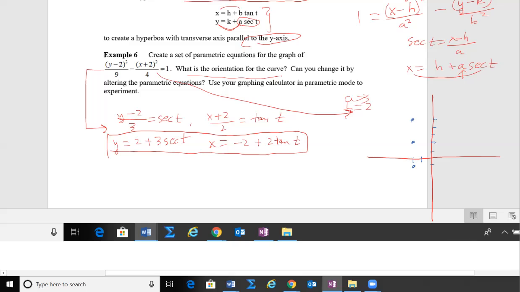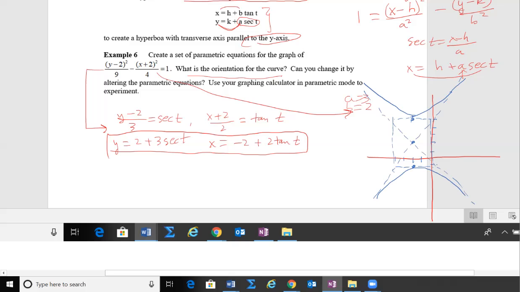Here's my rectangle. 1, 2 units here. So I'll just kind of rough that in. And here is what I want. Sorry about that. It's kind of a waste there. You're probably saying, what are you doing? Stop. Okay, so now let's look at the orientation.